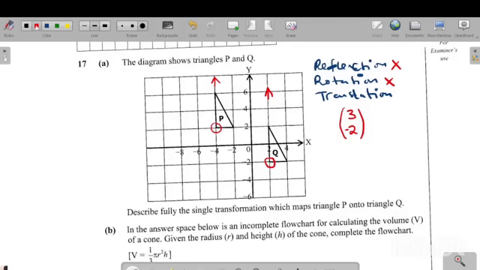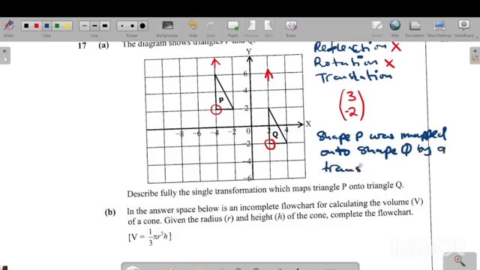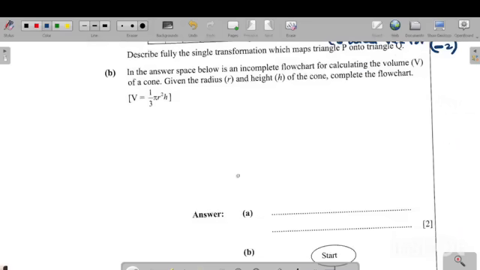So now that we have established that it's a translation and the column vector is this one, we're going to say shape P was mapped onto shape Q by a translation with a column vector (3, -2). All right.